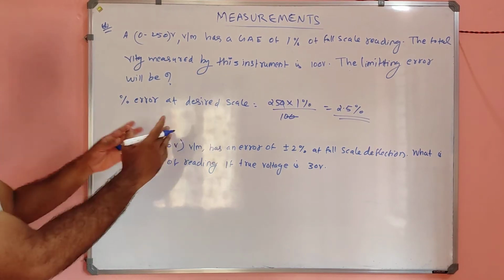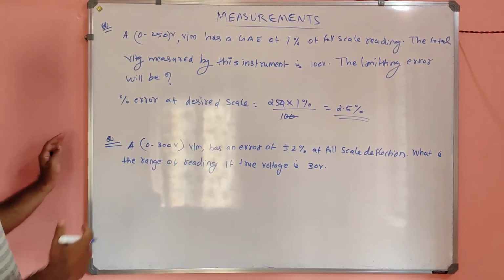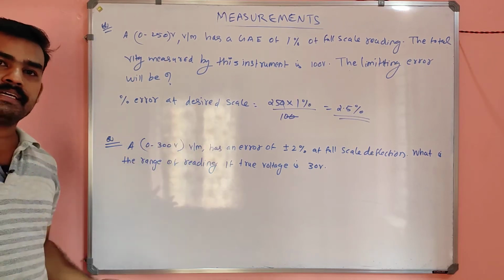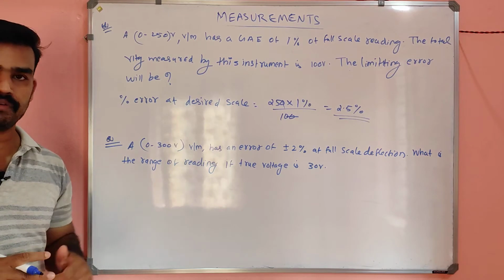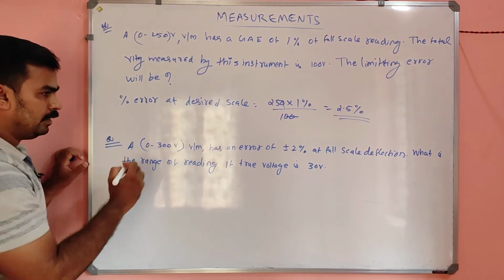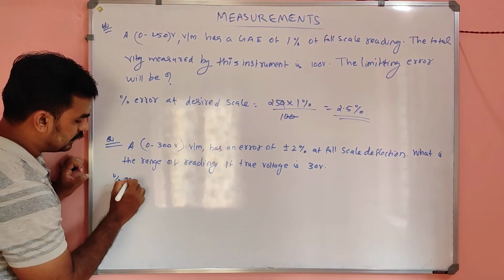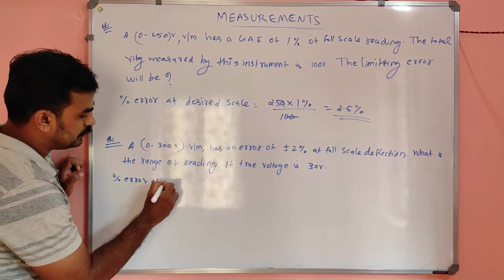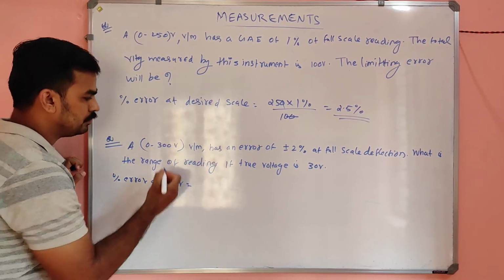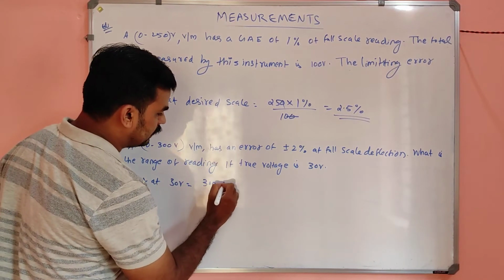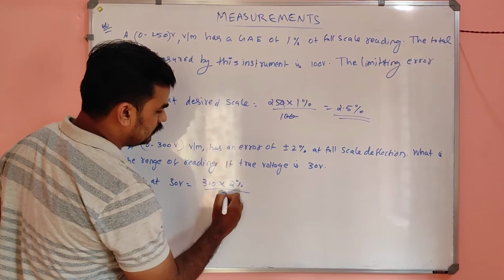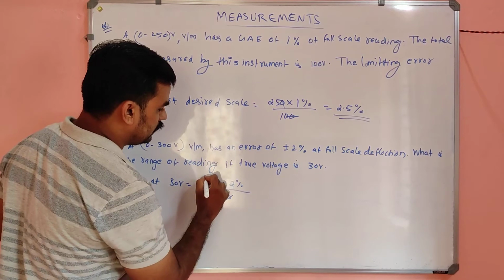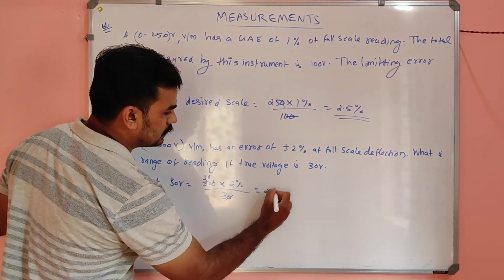Okay, this much error is there for full scale. Then for 30 volt, how much will be the error? So what will be the range of the instrument for 30 volt? Okay, so again percentage error at 30 volt will be equal to what? Full scale reading, 300 into 2% divided by 30, so 10, so 20%.